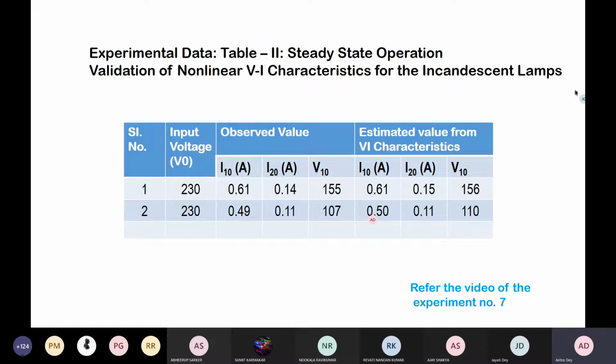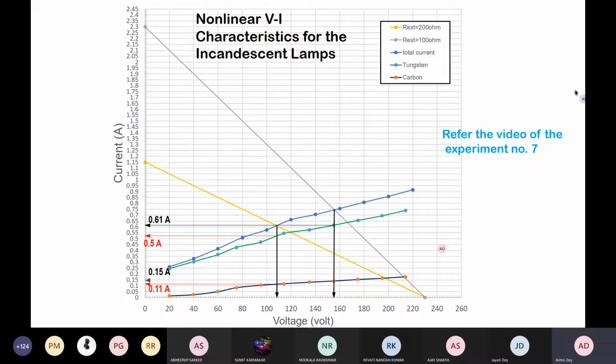For the carbon, the experimental value is 0.11, and from the graph also we get 0.11. So we can say it's almost equal. The estimated value from the VI characteristics is almost equal to the observed value. So this validates the proper drawing of the VI characteristics for the carbon and tungsten filament lamp.